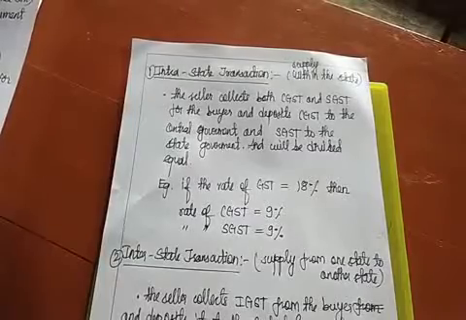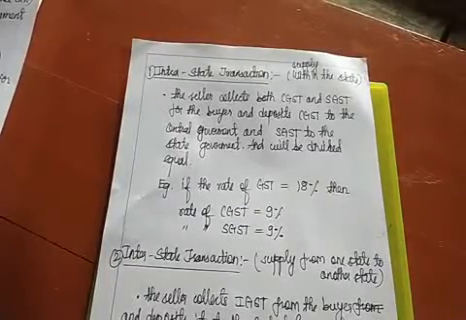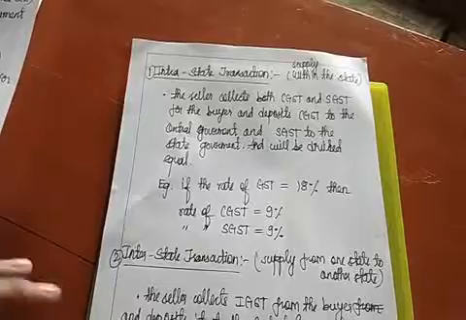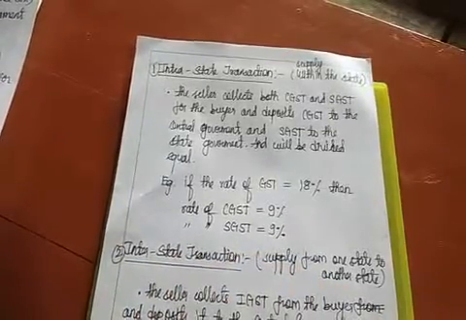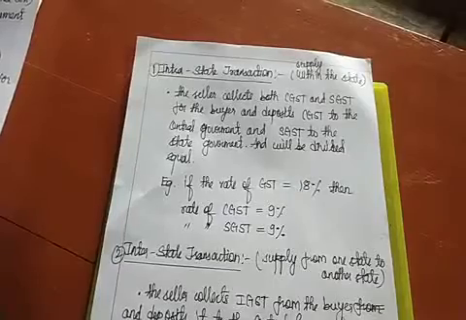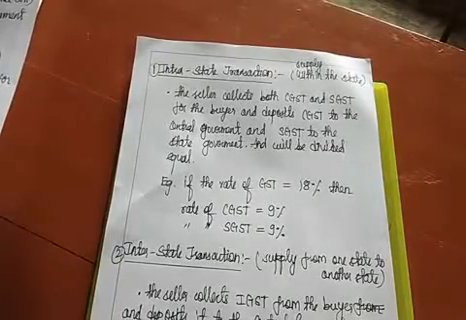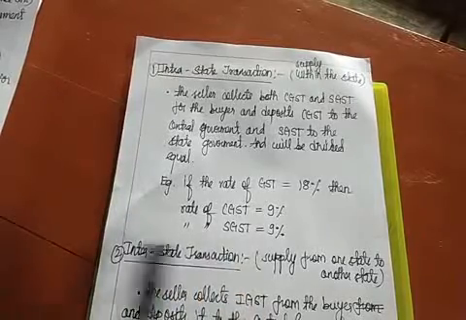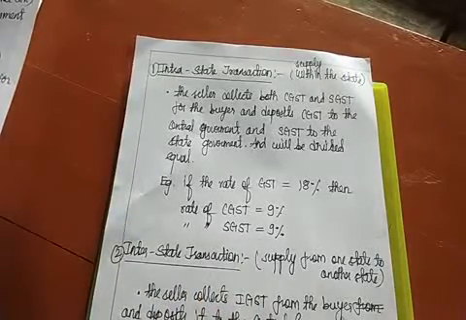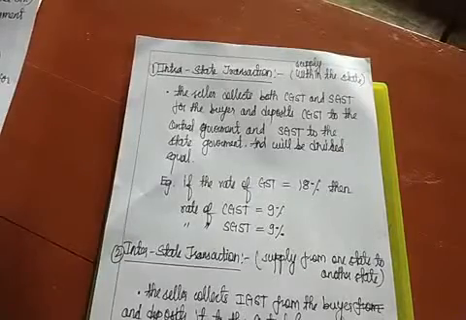Be very specific here: the tax will be divided equally. Suppose the rate of GST is 18% and the case is an intrastate transaction, then the rate of CGST will be 9% and the rate of SGST will also be 9%.